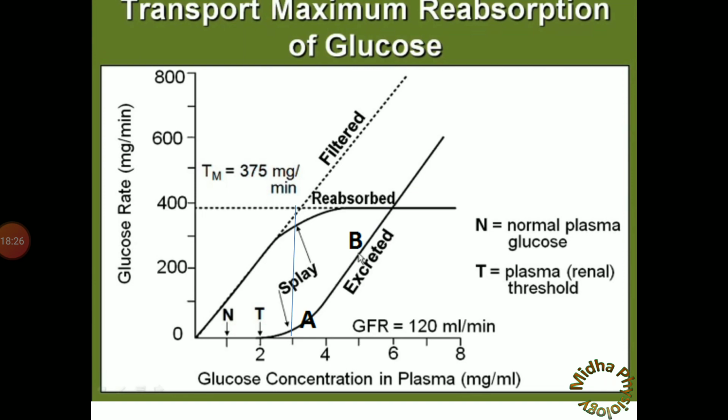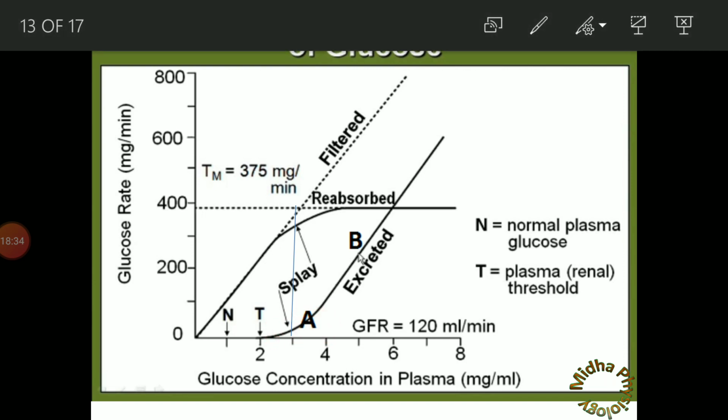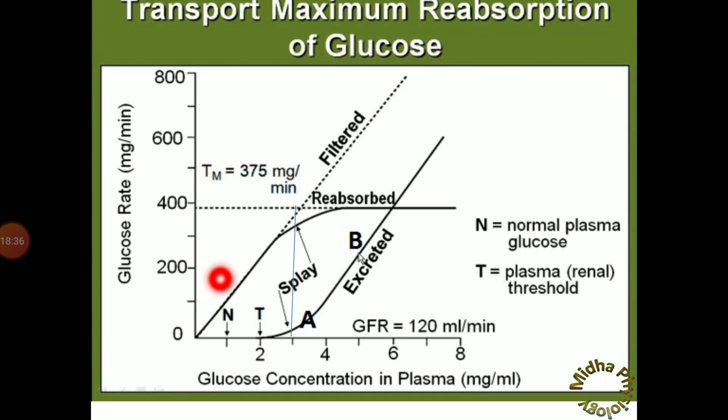So you see, whenever the plasma glucose concentration was increasing, from 100, 200, 300, 400 milligram per deciliter, similarly the filtration of the glucose would also be increased, because the GFR over here we have taken is 120 ml per minute. The GFR cannot be increased, but to calculate the filtration rate, we have to calculate the plasma concentration of glucose times the GFR.